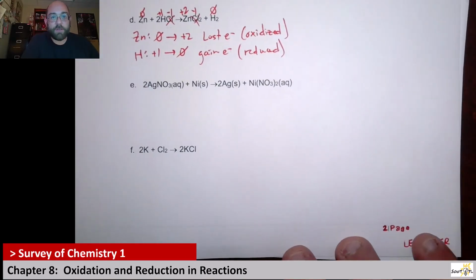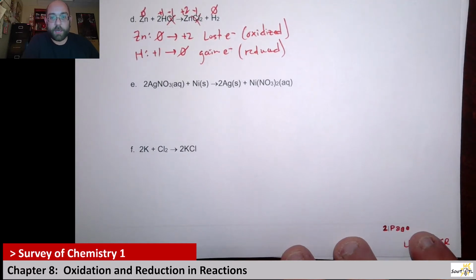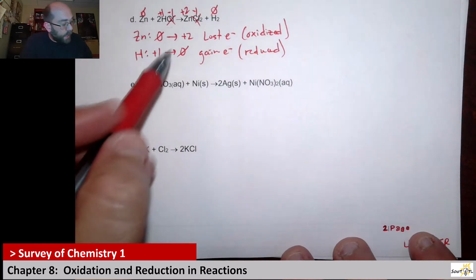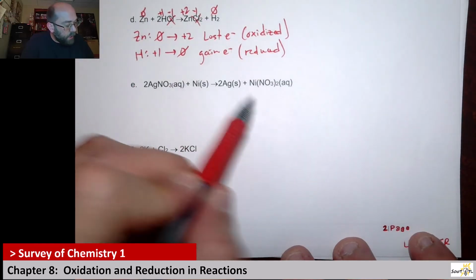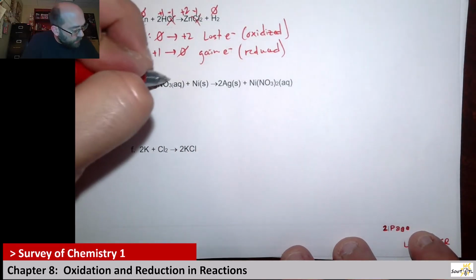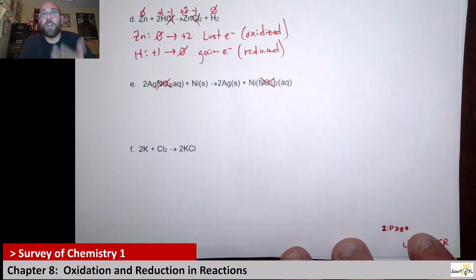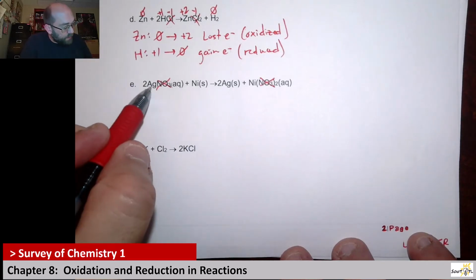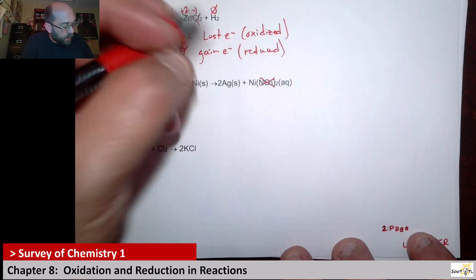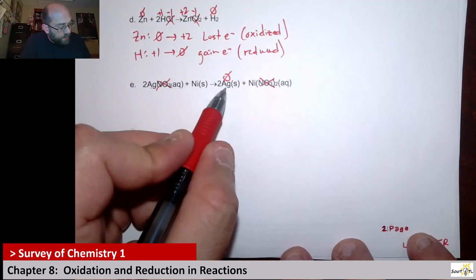Next up, we have silver nitrate and nickel solid producing silver solid and nickel nitrate. So here you notice the nitrates didn't break apart. So I'm not going to assign oxidation numbers for those because nothing changed. Since nitrate stayed looking like nitrate, nothing happened with its electrons. Okay, but here we go from silver ion to silver solid. So elemental form for silver here is 0.